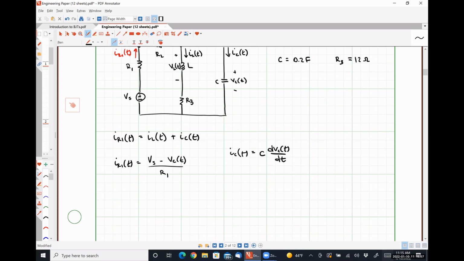And we can combine these three equations together to find that Vs minus Vc of t divided by R1 is equal to IL plus C dVc by dt.